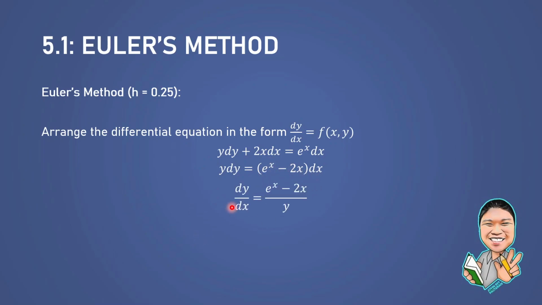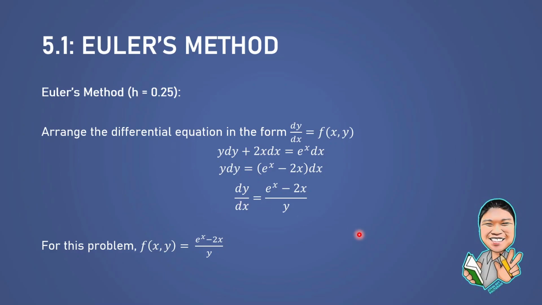So the ending is dy over dx is equal to e raised to x minus 2x all over y. So this is our function. Therefore, f of x, y is equal to e raised to x minus 2x all over y. And once you have established this, we can proceed to Euler's method.